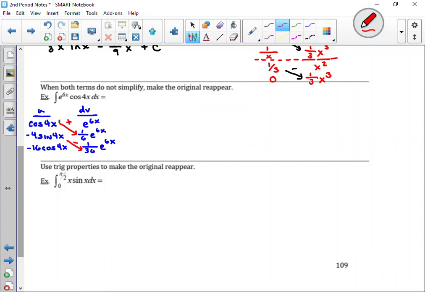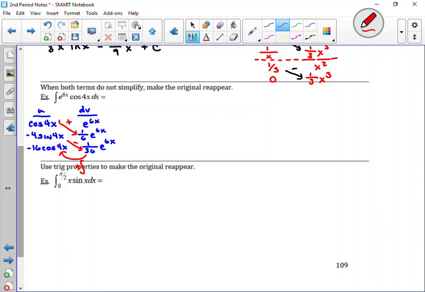But since I didn't get to 0, I have to go back. And what happens when I have to go back? I still need to integrate, right? So integral, and this is a positive. Okay, so positive integral. That's a plus integral when the original two functions reappear in your trig table. Okay?